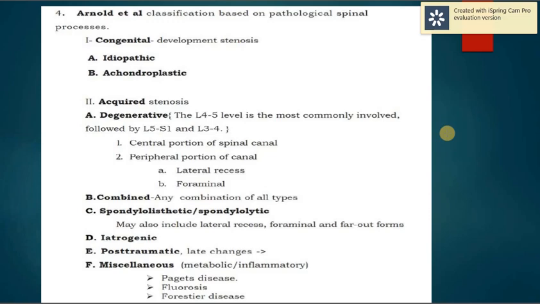The central portion of the spinal canal is narrowed rather than the peripheral portion, like lateral issues of foraminal, or maybe a combination of all the types, that is combined. Then spondylolisthetic or spondylolytic, which may include the lateral issues, foraminal and far out forms. Iatrogenic, that is post surgical. Post-traumatic, late changes after a trauma, secondary. Then miscellaneous, like diseases such as Paget's, fluorosis.